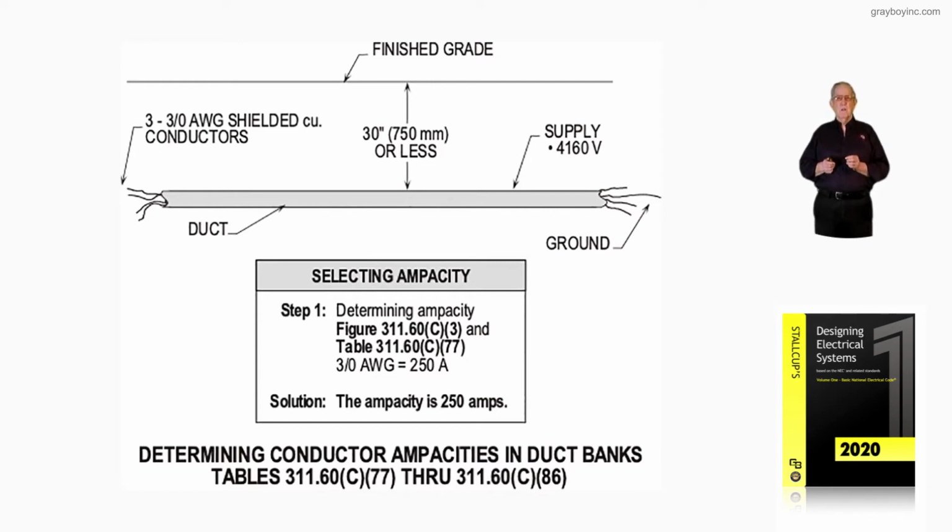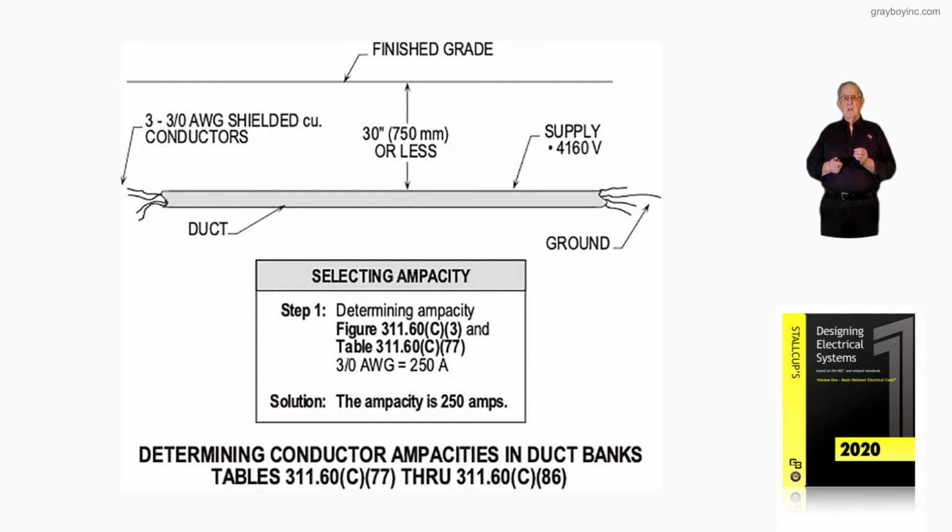Now here, as long as we have a burial depth of 36 inches or less, and here we're showing a burial depth of 30 inches, then notice it's still 4160 volt, we still have the three conductors in this case, and notice step 1, we're determining the ampacity.